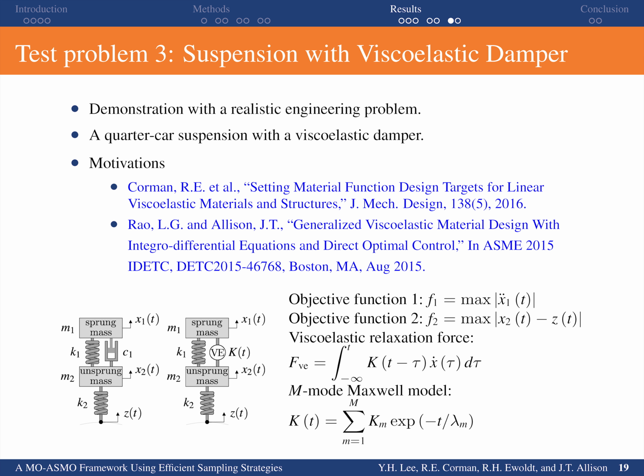And we also utilized simultaneous direct optimal control methodologies to optimize the material function for obtaining optimal system-level performance. This quarter car suspension design problem using a viscoelastic damper is an extension of our previous studies, although this paper does not go in depth on the technical part of modeling viscoelasticity for design.